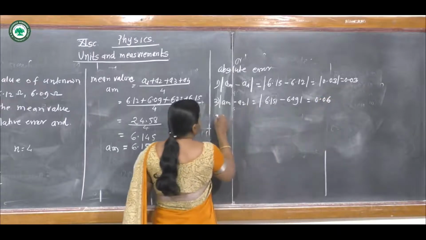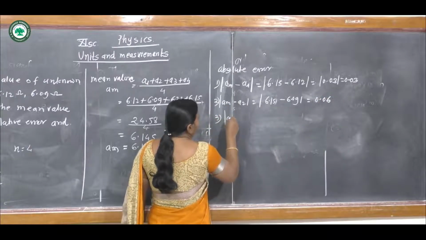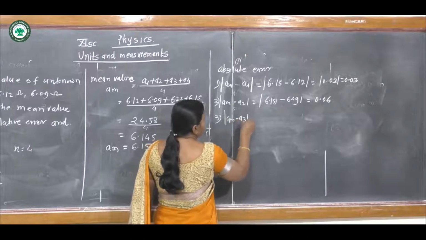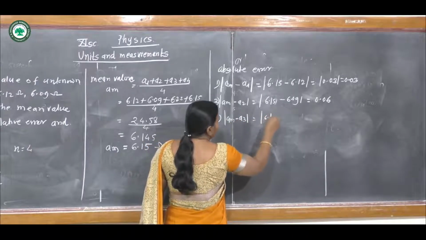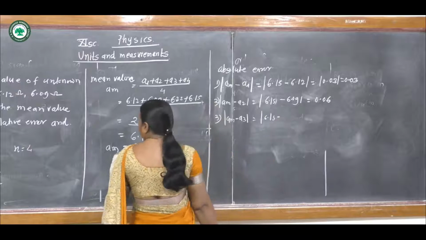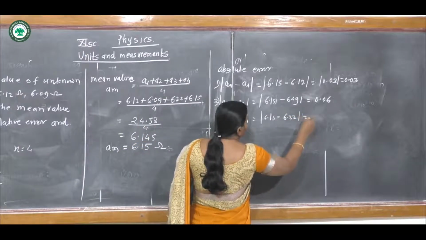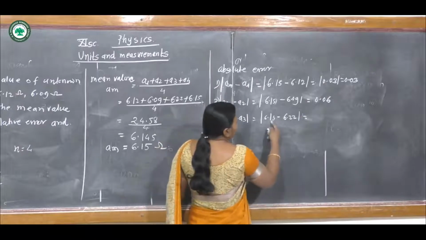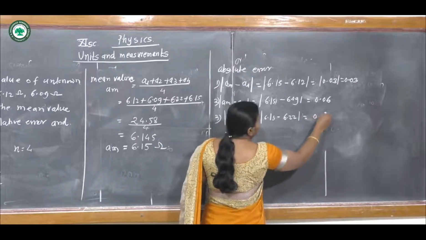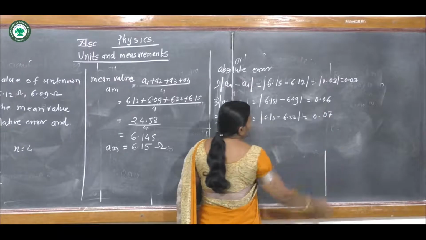we get the value 0.06. Then the third reading, that is AM minus A3, 6.15 minus 6.22, we get 0.07.